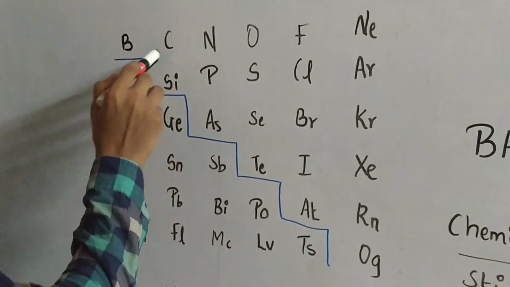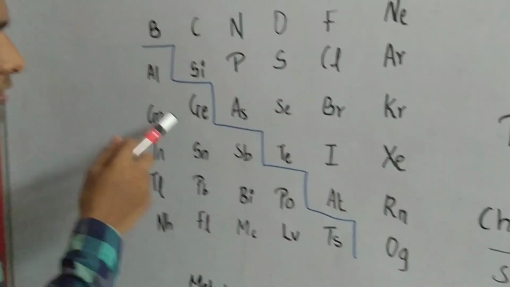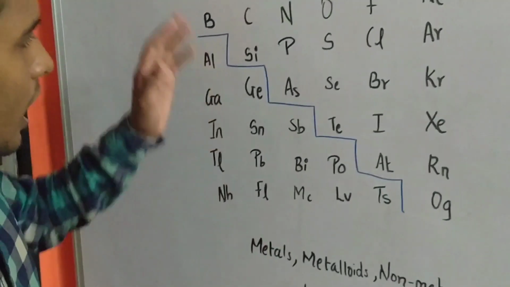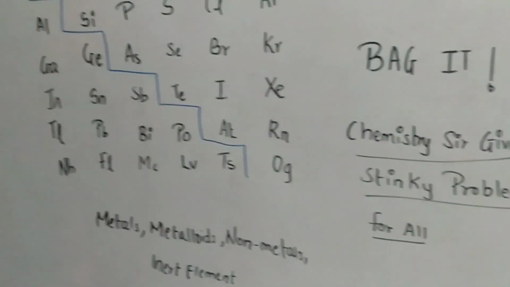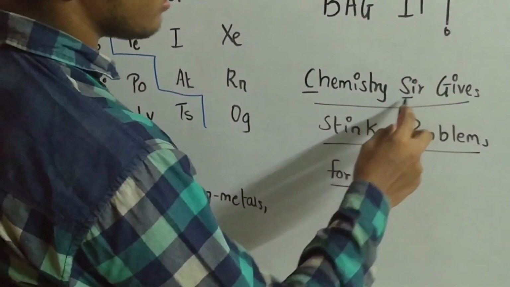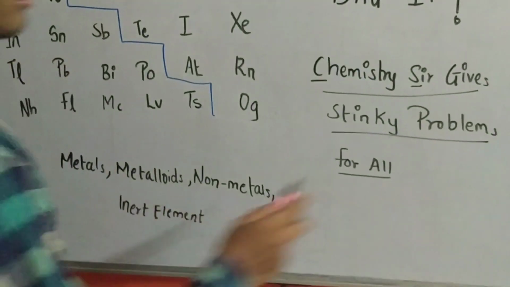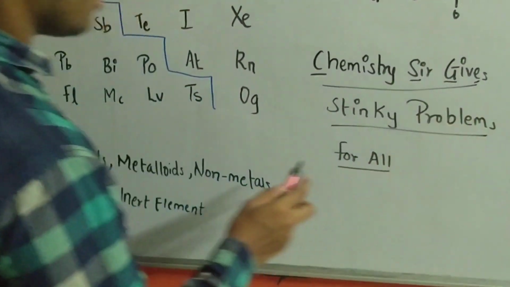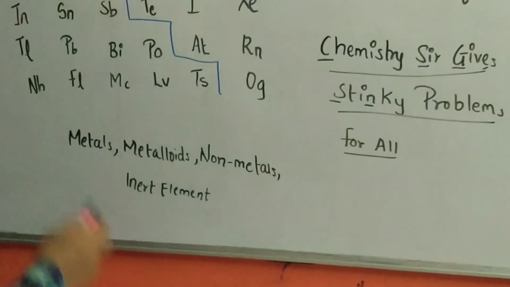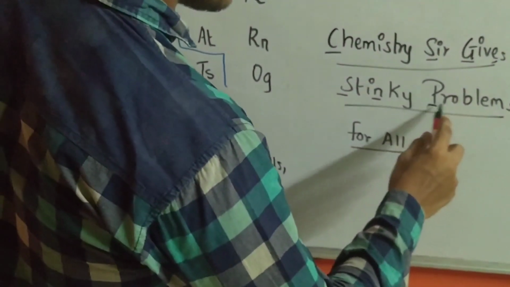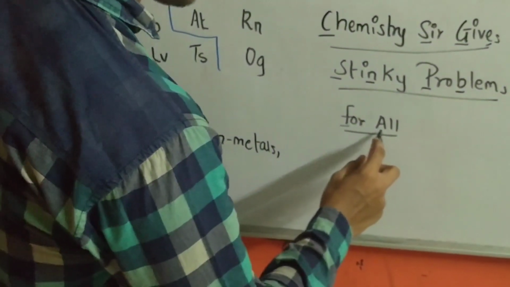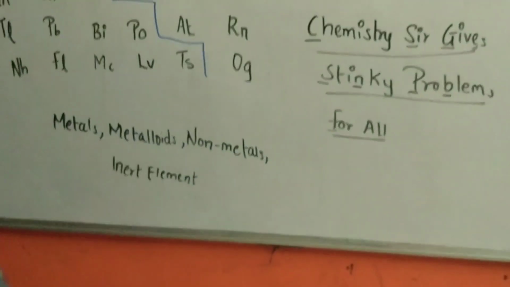The carbon family starts with carbon, then silicon, germanium, tin, lead, flerovium. How I made this is C, first word chemistry, then Si, silicon, then germanium, Ge, Sn, that is tin, Pb, lead, and last but not the least flerovium. For that I have made two different words, F and L.